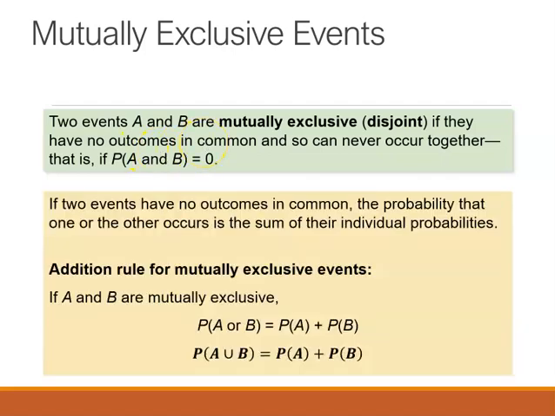Okay. So if we have 2 events that are mutually exclusive, we can calculate the union of those 2 events by just calculating the probability of A plus the probability of B. This is true only if the events A and B are mutually exclusive, where they have no outcomes in common. So probability of 7 and face card, that's mutually exclusive.